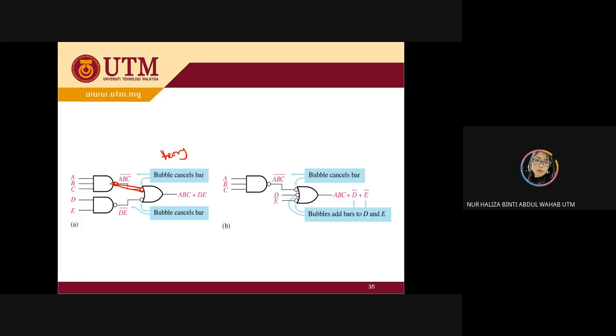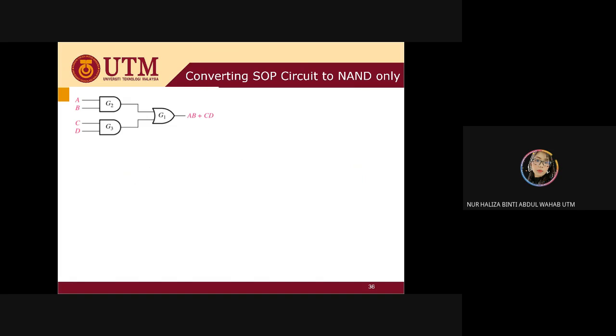You can go through this one, but I like to give you a direct example, right? Okay, from here it asks you to convert this SOP. What is SOP? AND-OR logic. Convert the SOP circuit, you know already, SOP circuit to NAND only.